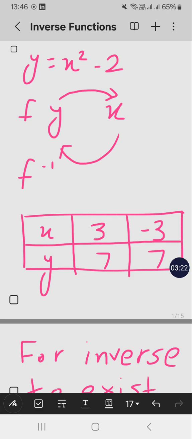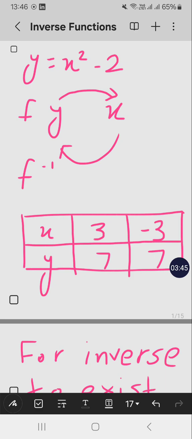And for inverse to exist, it must generate an output which was the input of our original function. So when we put 7 into our inverse function, it must generate the input to our original function.